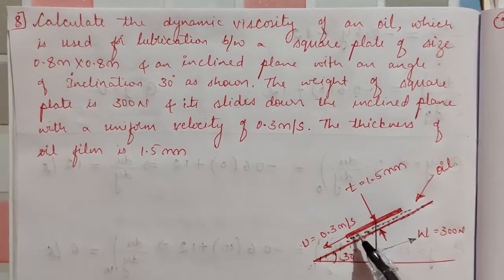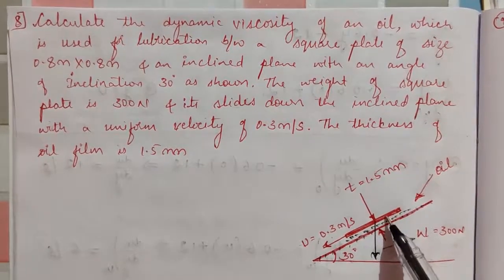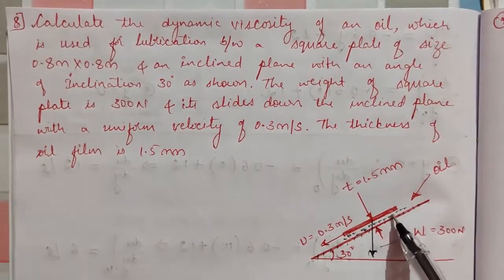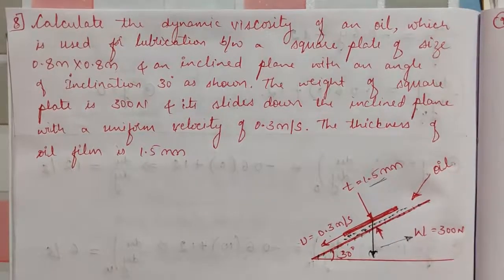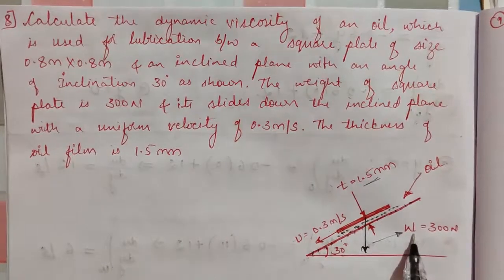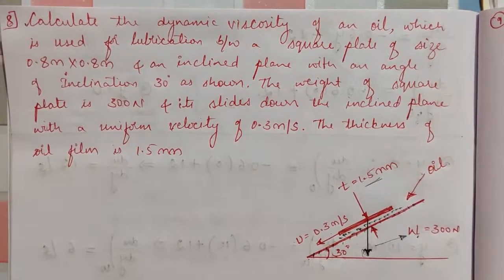So the square plate they are talking about, this is the square plate. Between the square plate and the surface there is an oil film and the thickness is 1.5 mm. And the weight of the square plate is 300 Newton. Weight is always acting towards gravity.